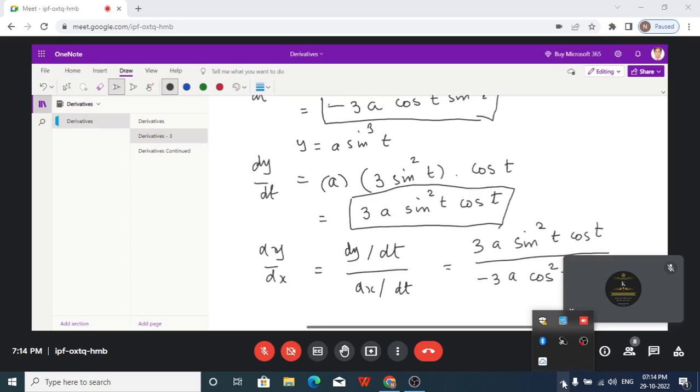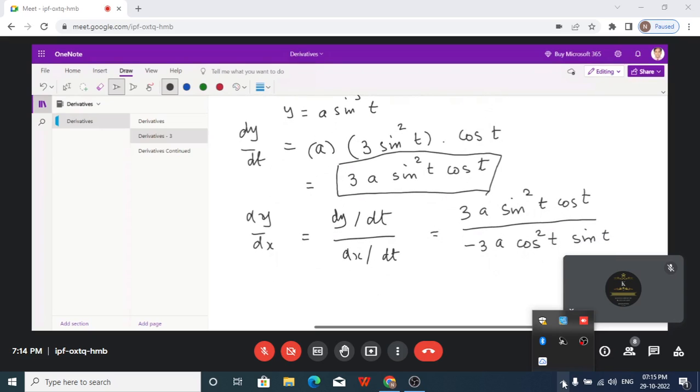So இன்னும் simplify பண்ணலாம். So cot t is again 1 by tan t, இல்லையா? Yes, sir. So what will happen? அவ்வளவுதான். 3 cancel ஆயிடும். a cancel ஆயிடும். இந்த sin t யும் ஸ்கொயரும் போயிடும். வெறும் ஒரு sin t தான் இருக்கும். அதே மாதிரி இந்த cos t யும் இந்த ஸ்கொயரும் போயிடும். So what you get is minus sin t by cos t. That is, sin t by cos t என்ன? Minus tan t. Minus tan t. That's all.